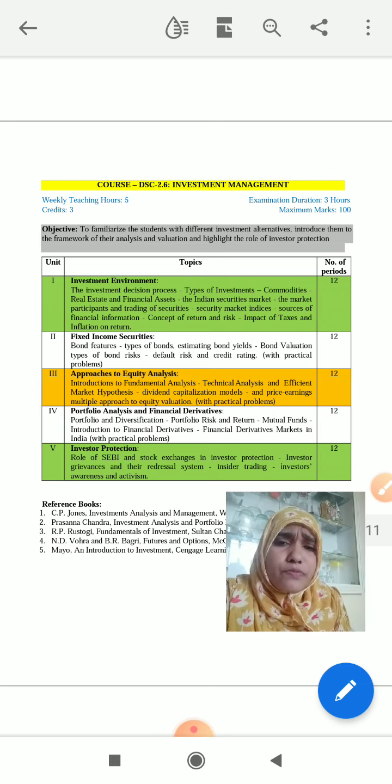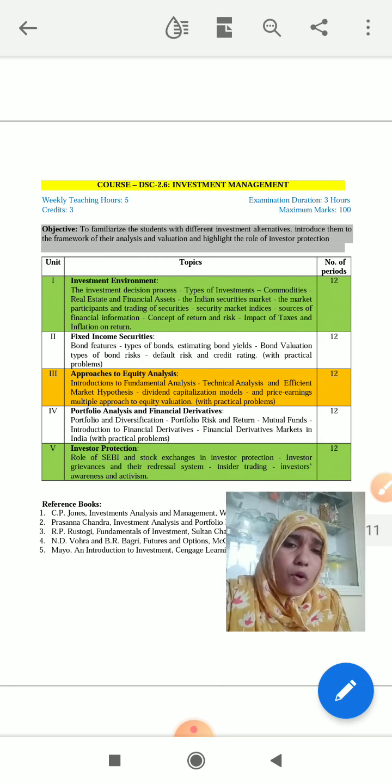Investment means buying physical assets like building, land, furniture, gold or bonds. These are nothing but your physical assets.